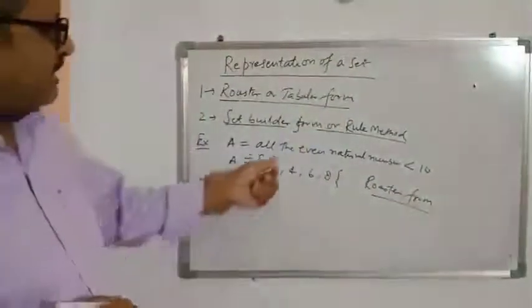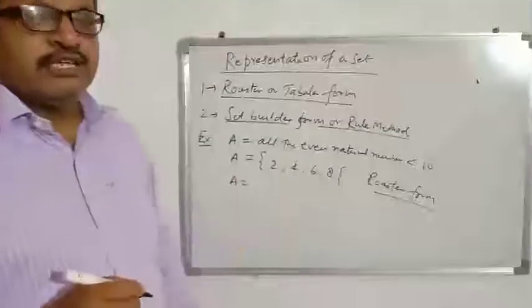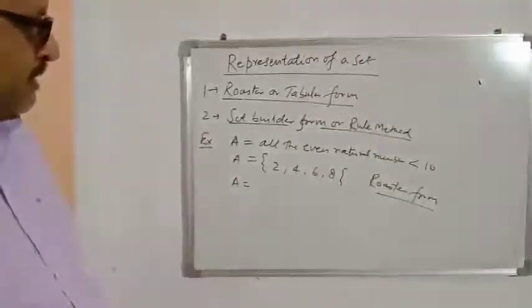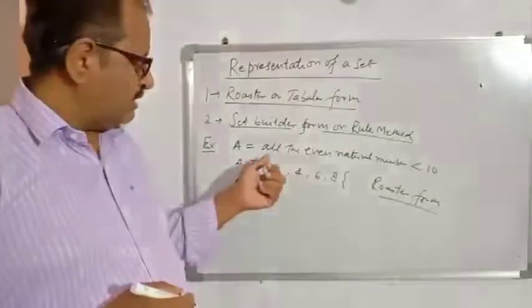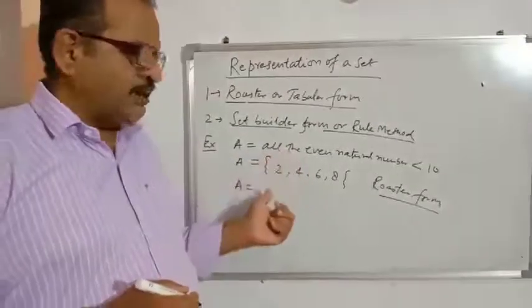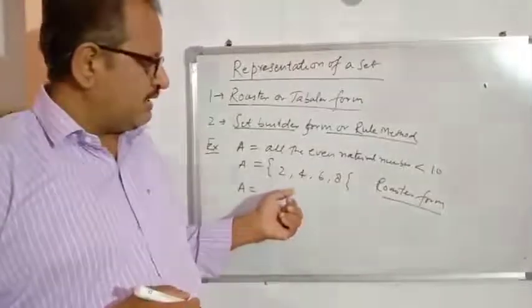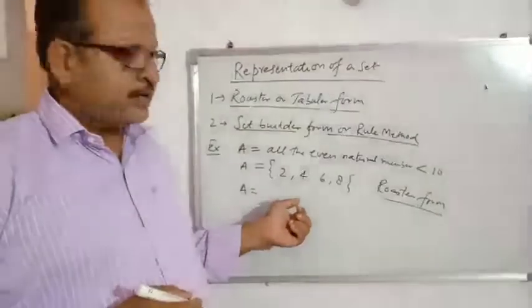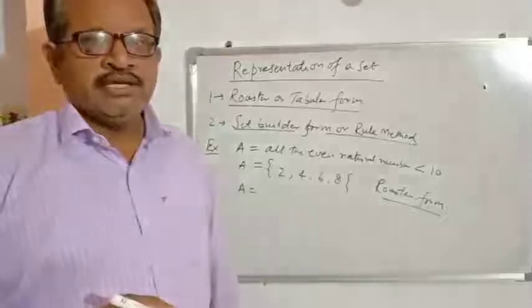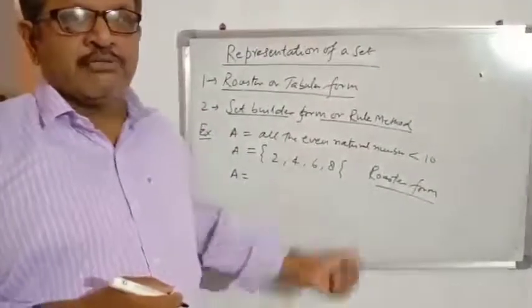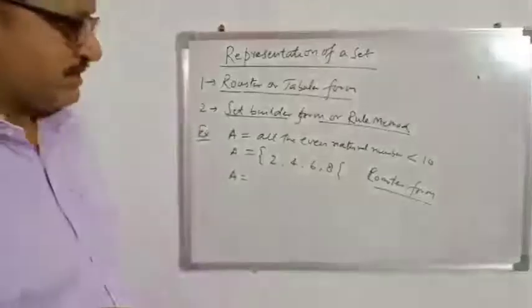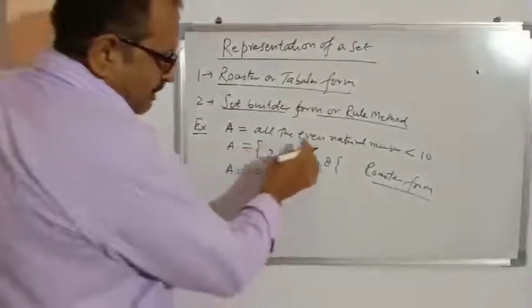Again I am going to write the same question in the set builder form. In the set builder form, we use a variable x, y, z, any variable you can use, and then we have to tell the common property of the elements. That variable x or y will tell the common property of all the elements. So what is the common property?